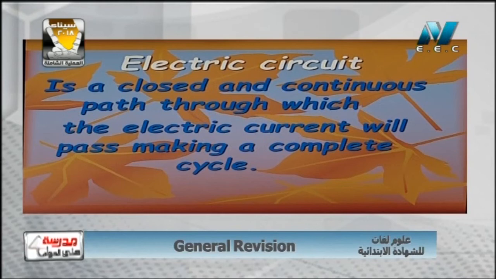We have turning off and turning on. So when we turn on the device, we should have an electric circuit. So here it is considered a closed and continuous path that electric current passes through to complete the cycle.